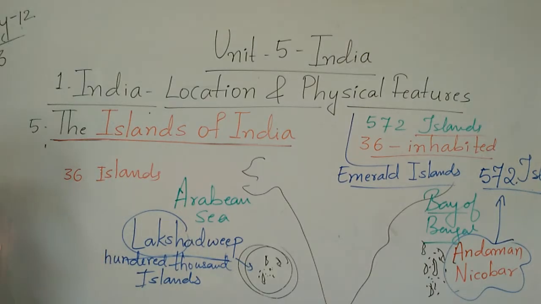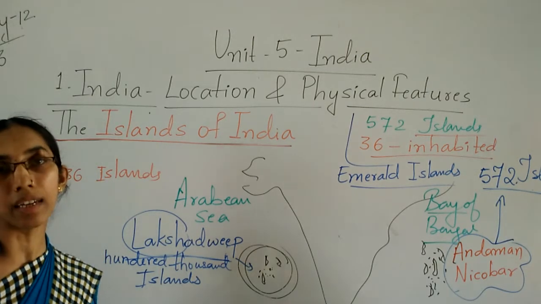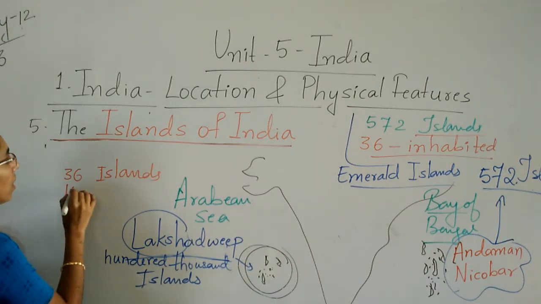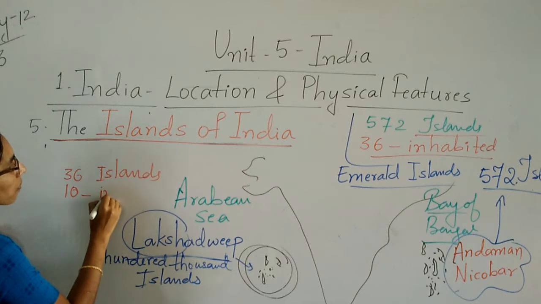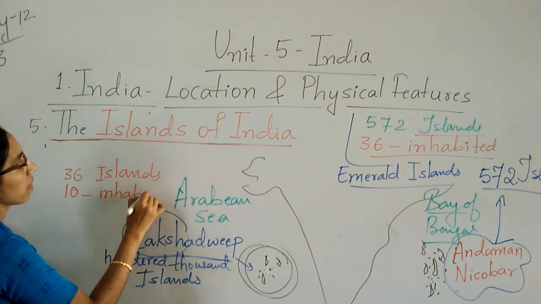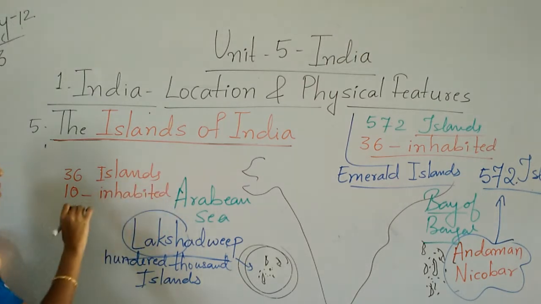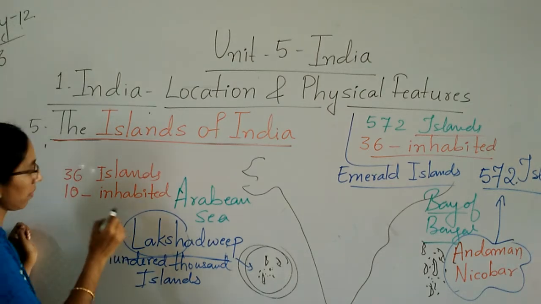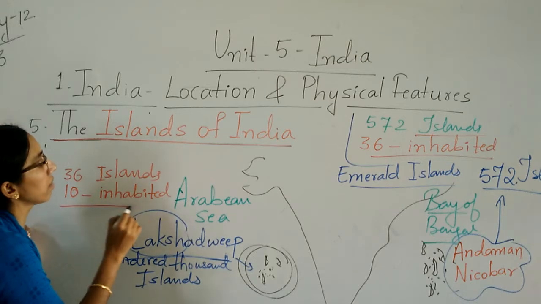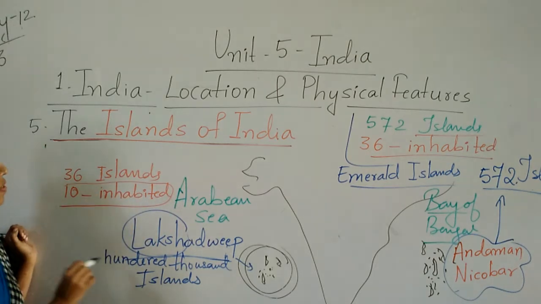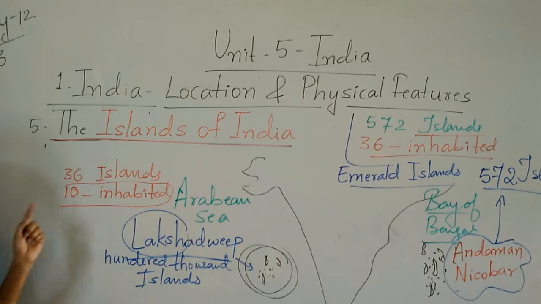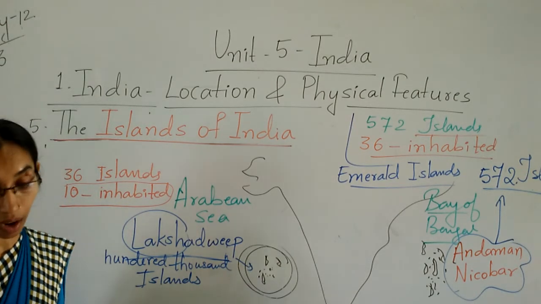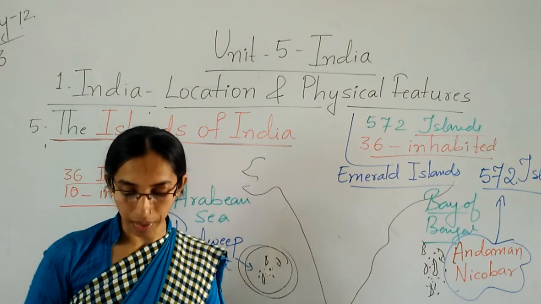In that 36, only 10 islands are inhabited, where the people are living. Just see in the Lakshadweep, only 10 islands are inhabited where the people are surviving.